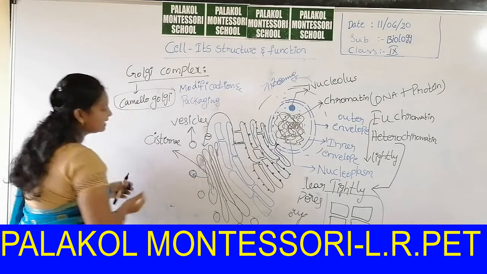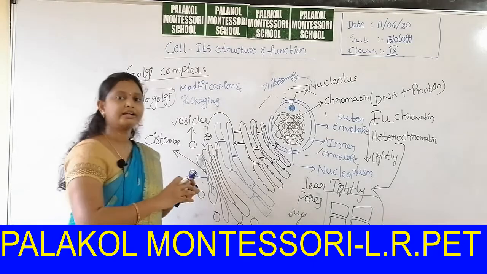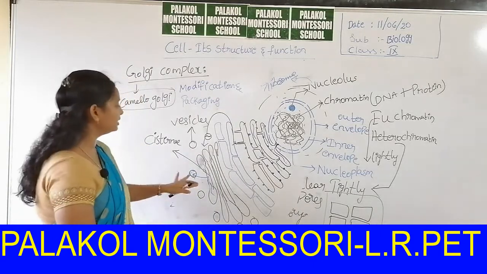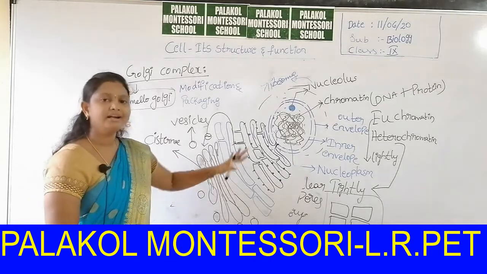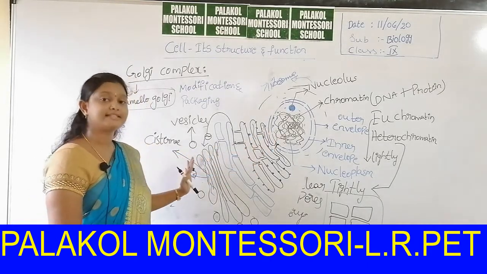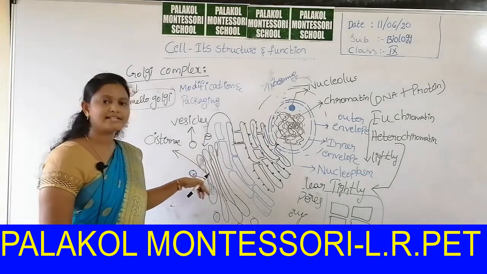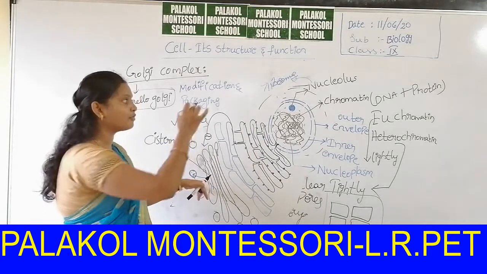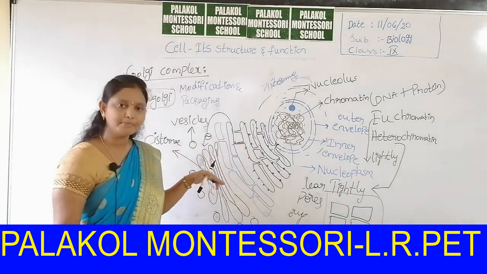These are the vesicles. That means vesicles are the transporting vehicles. Through these vehicles, proteins are transported from one region of the cell to another region of the cell. Through these vesicles only, the proteins are transported from one cell to another cell of the body.